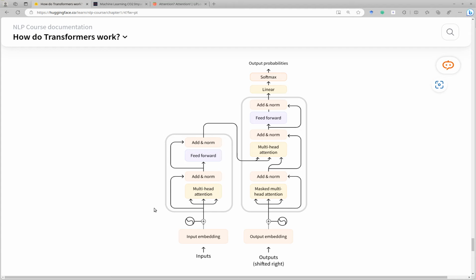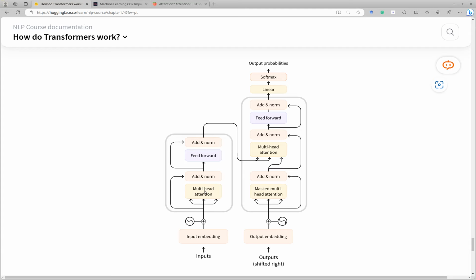And then these embeddings can be of different types. They can be token embeddings, which represent the token in vector form, or positional embeddings, which represent the position of a word in a sentence, and so on. After the embeddings, it is passed into multi-head attention.